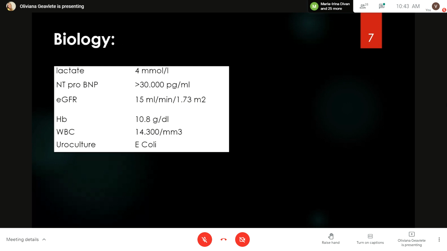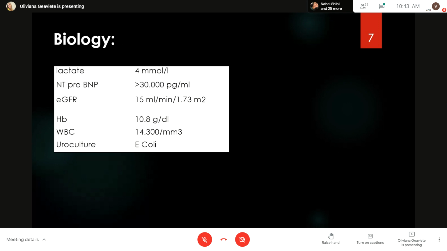Okay, so the biology: lactate 4, NT-proBNP over 30,000, glomerular filtration rate of 15, hemoglobin 10.8, and some inflammation with an infection with E. coli in the urine.